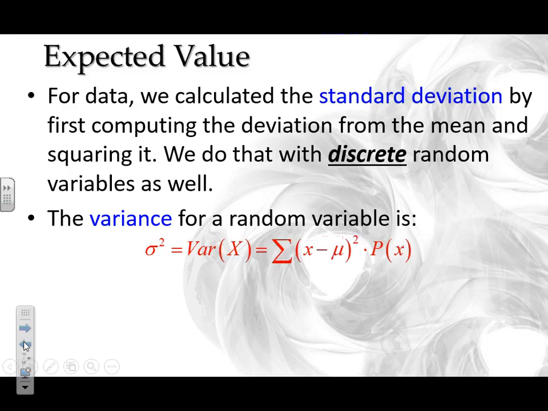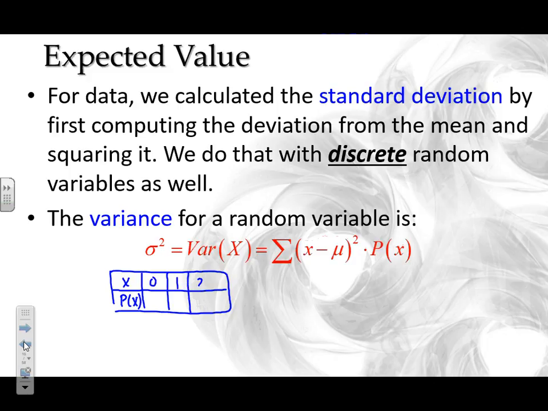And then we continue that process. So if we think about our coin toss example, okay, so if we go back to this probability distribution here, our mean was 1.5, yes?